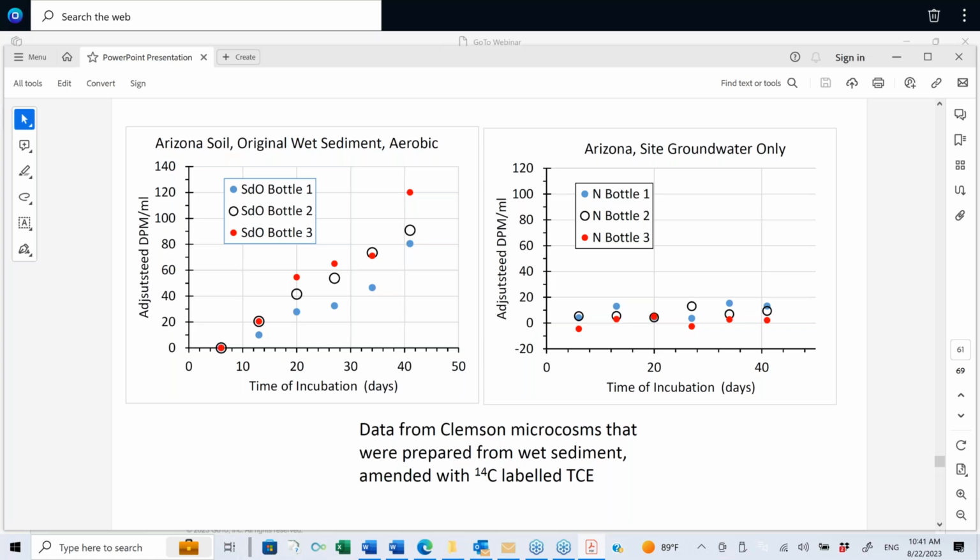So here are data from the Clemson microcosm study. We get the same story. Pretty good reproducibility in the different bottles. Accumulation of polar degradation products from metabolism, abiotic degradation of TCE.